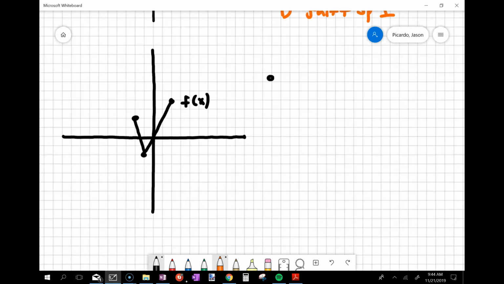All right, so I want to create a new graph, and this is what I want to do to create it. Okay?